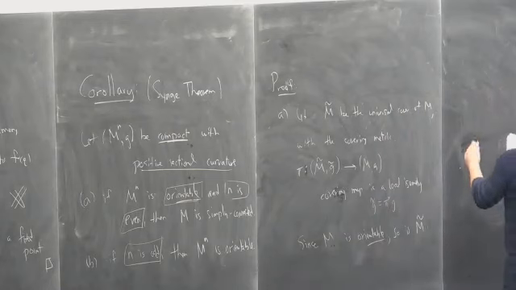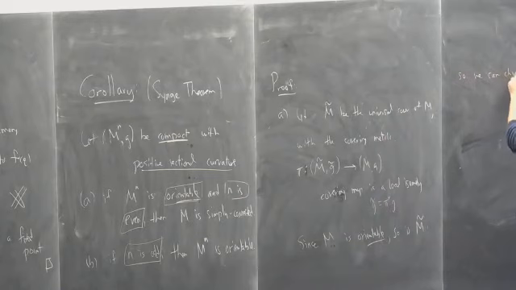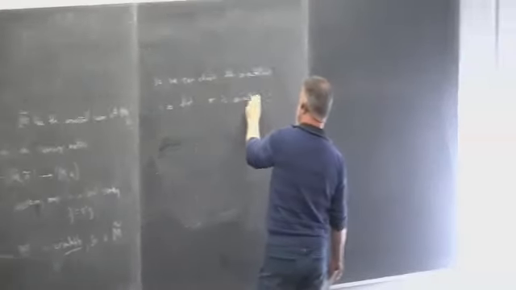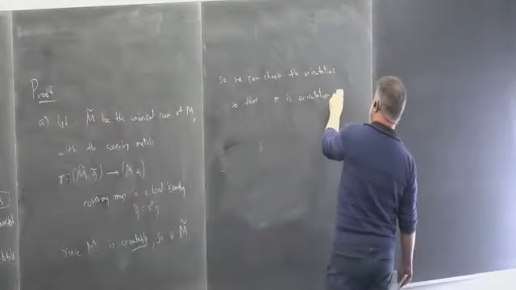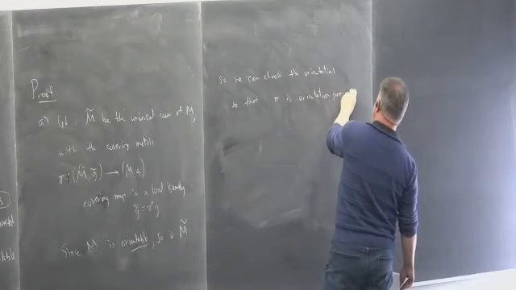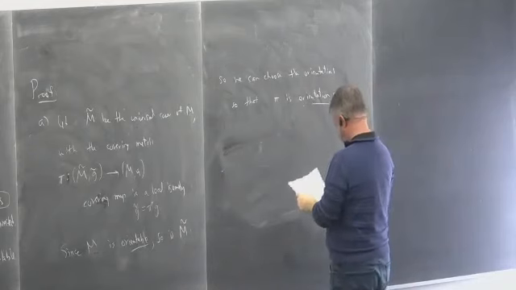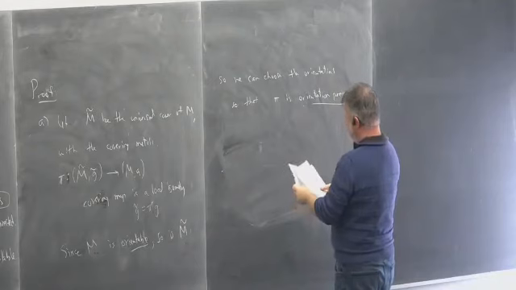So this guy is also orientable. So we can choose the orientations so that pi is orientation preserving.